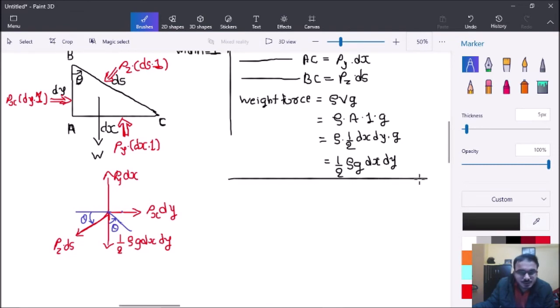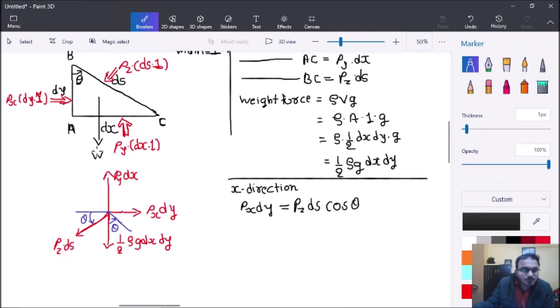So now we will be resolving the forces in x direction. So here Px dy is equal to Pz ds cos theta.